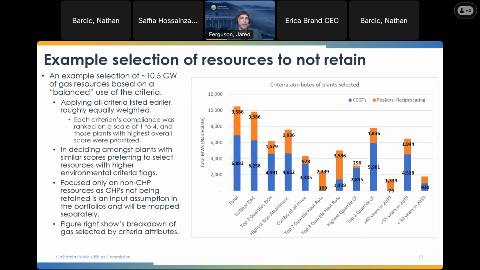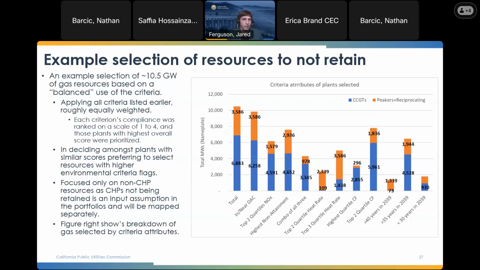So this is just the overview of the criteria and what the current system looks like. And this is just an example selection of choosing 10.5 gigawatts, which is roughly the amount that's in the gas retirement sensitivity. And this is using a balanced approach of the criteria.